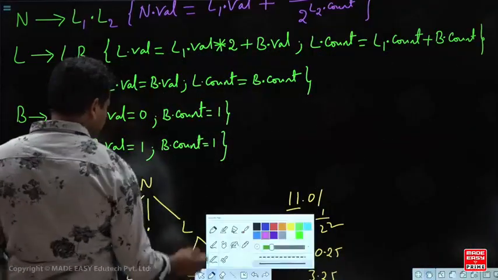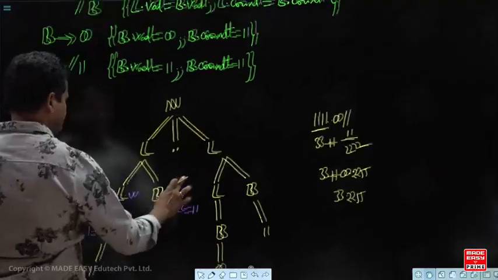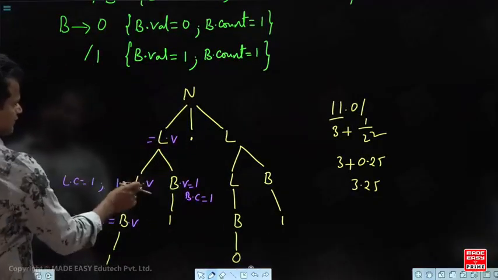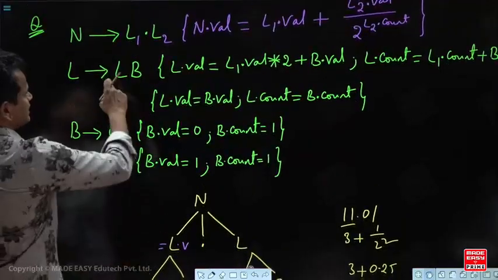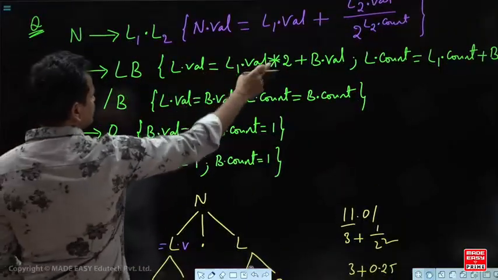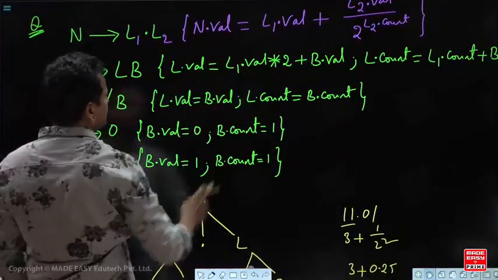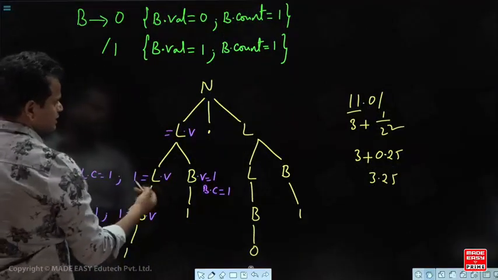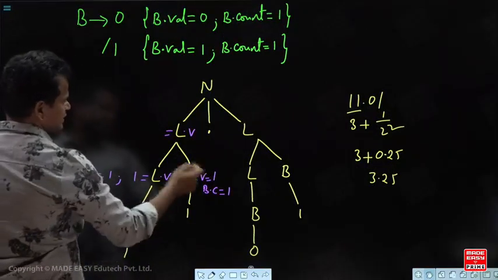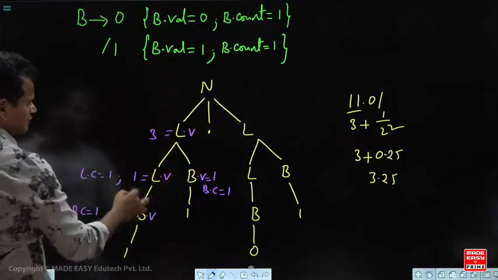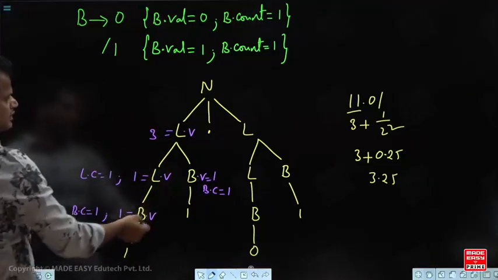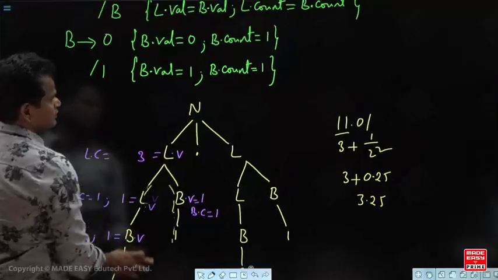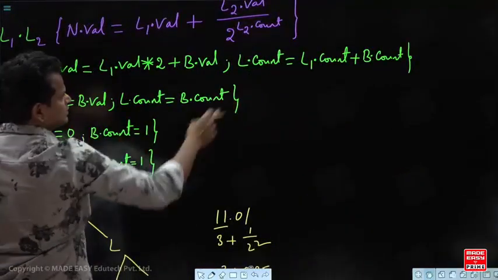So like that, here L dot value equals L1 dot value into 2 plus B dot value. L1 dot value is 1, 1 into 2 is 2, 2 plus 1 is 3. Are you following? And L dot count equals L1 dot count plus B dot count.